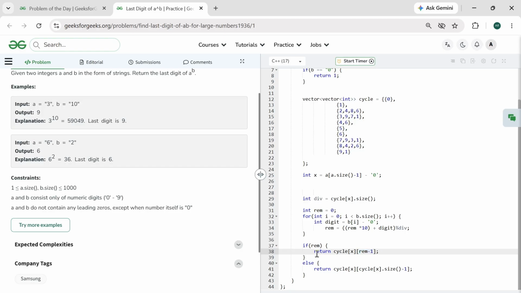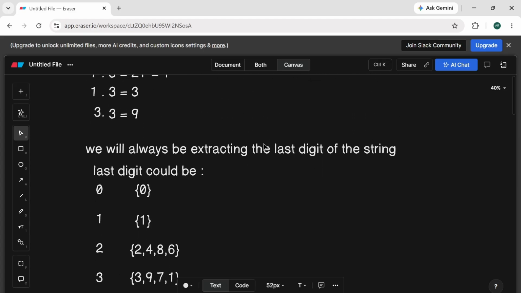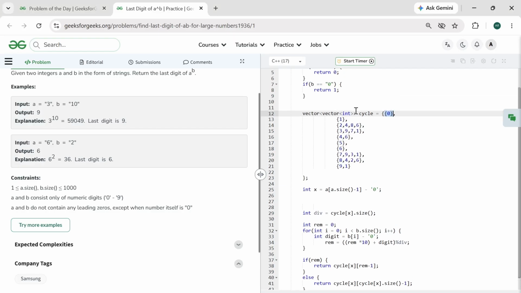And if your remainder is 0, you need to wrap around and take the last number of the array. This array is your answer array, meaning your answer will be present in these elements only. This loop, this vector, will help you.